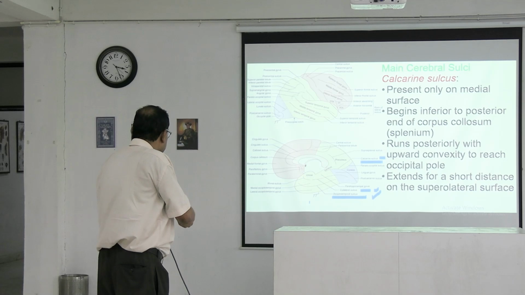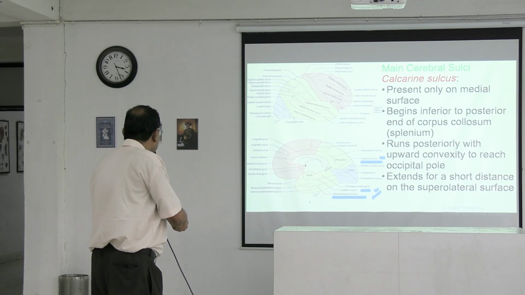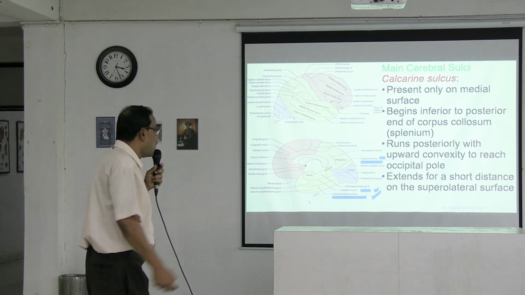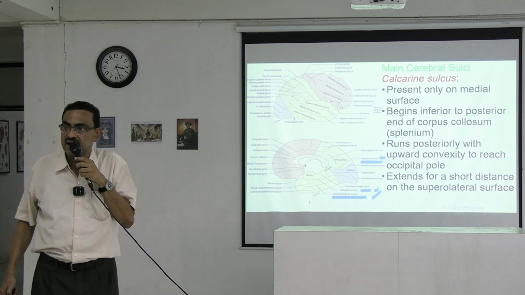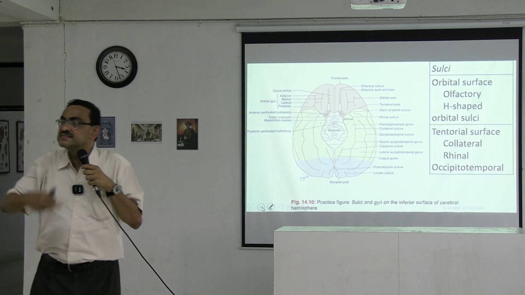So here we can find several gyri accordingly, which is called parahippocampal gyrus, and around the occipitotemporal sulcus we are getting lateral and medial occipitotemporal gyrus. This is the inferior surface of the brain.